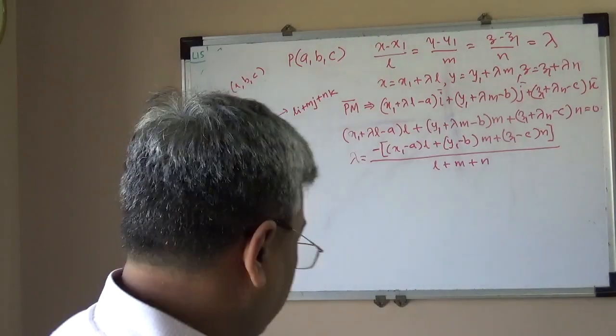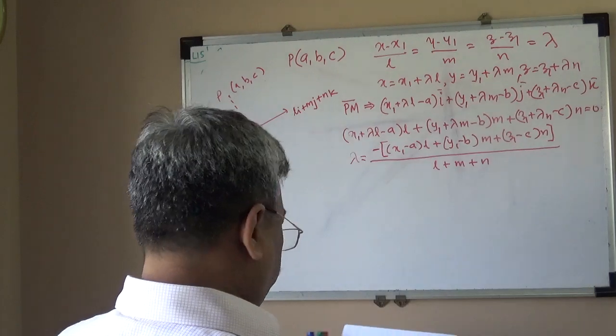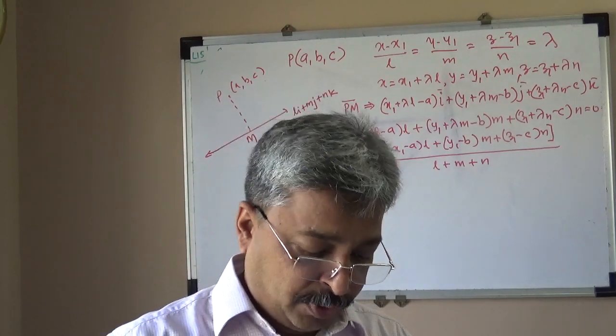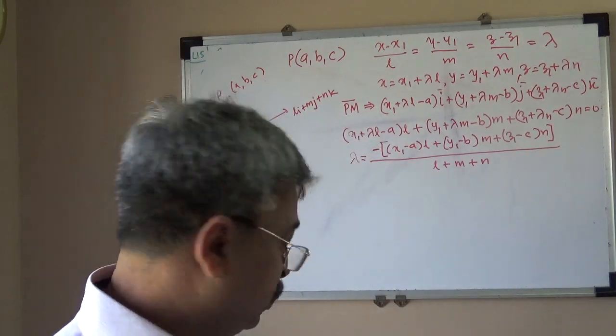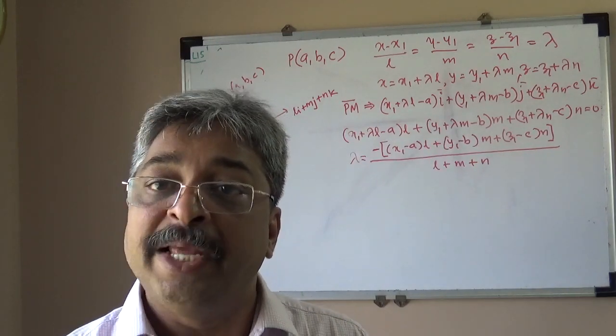Now there is distance between two skew lines to be found out, and distance between parallel lines to be found out, and distance of a point from a plane to be found out.